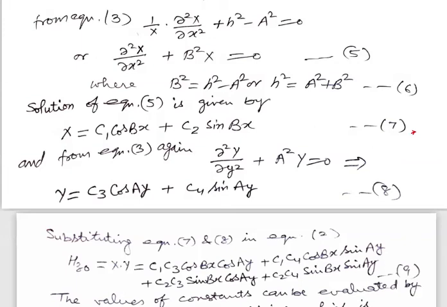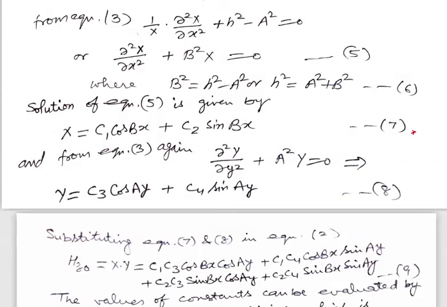Similarly in equation number 3, if we now take the right hand side, that is the y component part, equal to a square, then this equation gives us a similar type of solution, which is given by Y equal to c3 cos ay plus c4 sin ay.